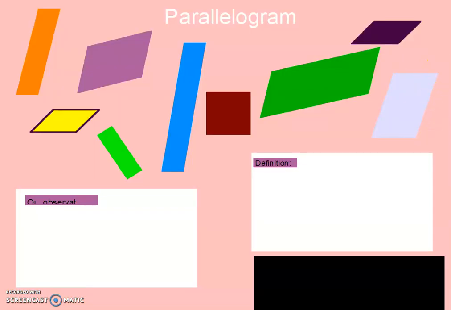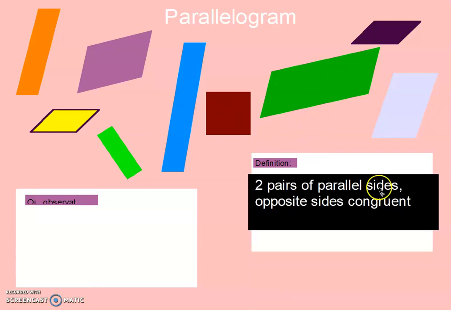A parallelogram. What do you notice about these quadrilaterals? Parallelograms, if you notice, they have 2 pairs of parallel sides, and the opposite sides are congruent. Congruent means same size, same shape. So these 2 sides are parallel and they're congruent. They're the same length on each side.